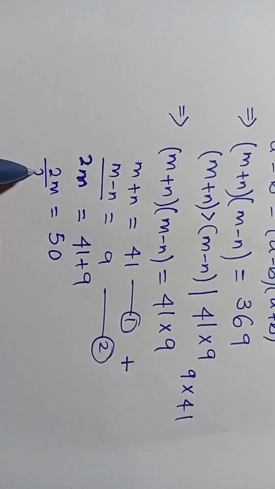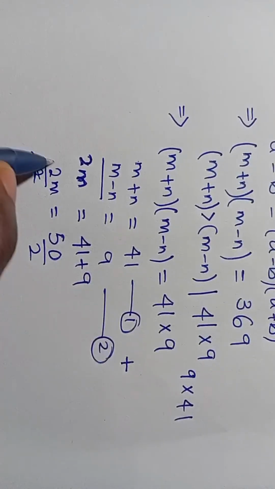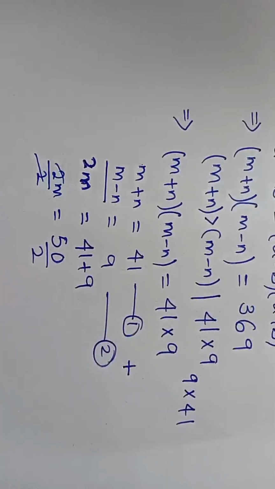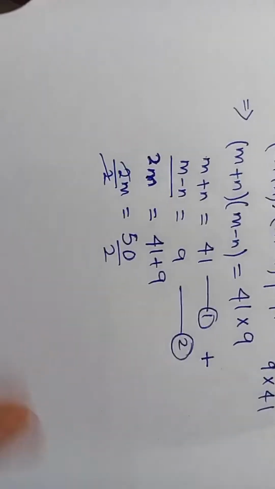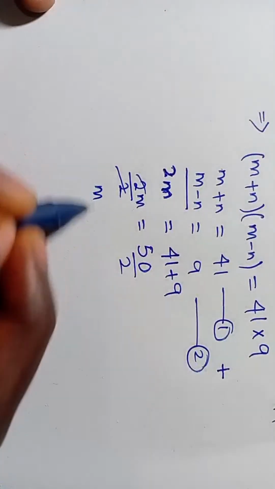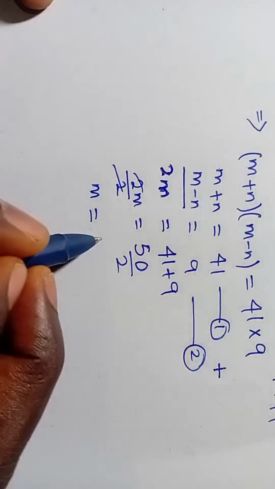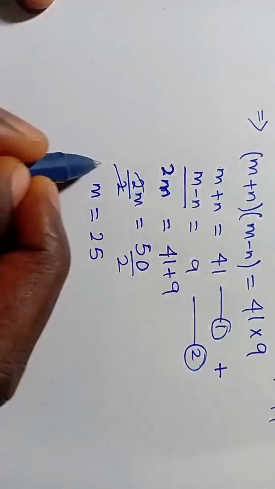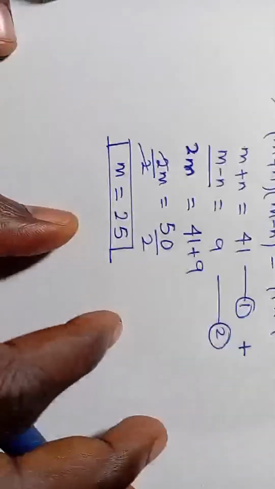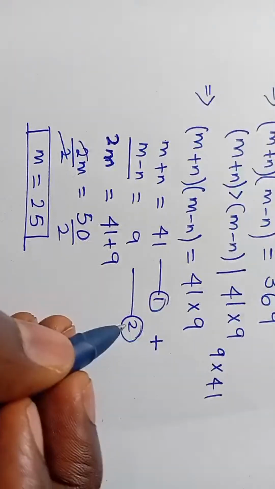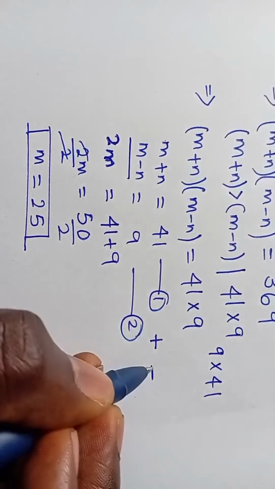Divide both sides by 2, we have our m equals 25.